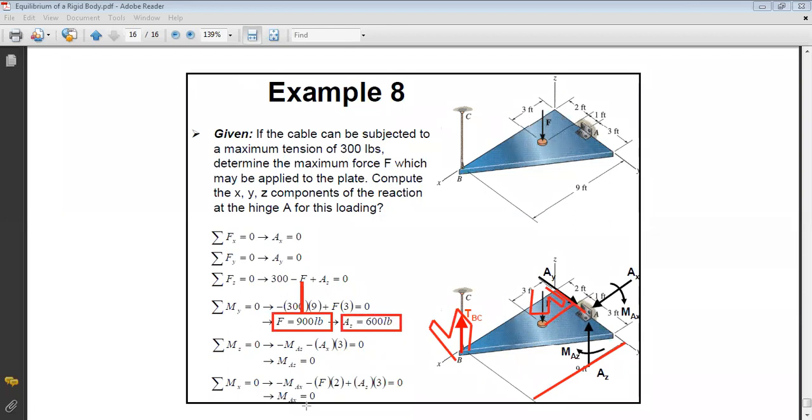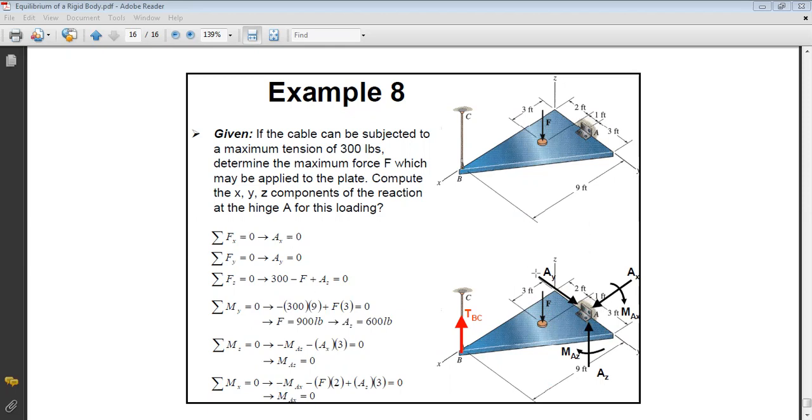Now, the sum of moments about Z, this is the last step. As you can see, AY is passing through Z, so no moment. AZ is parallel to Z, so no moment. So I still have only AX.